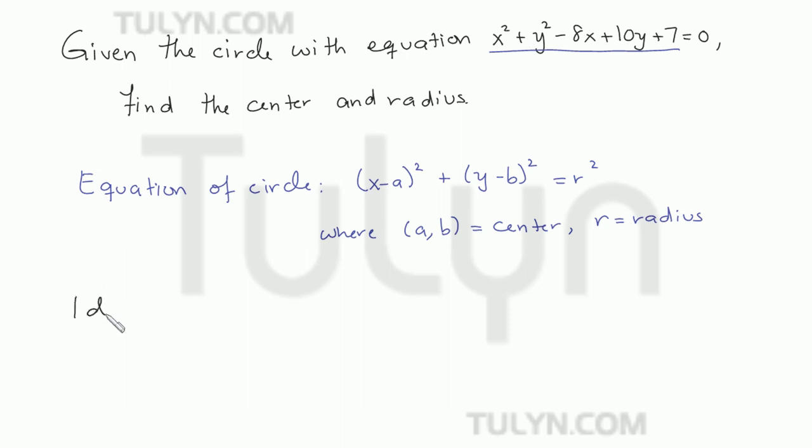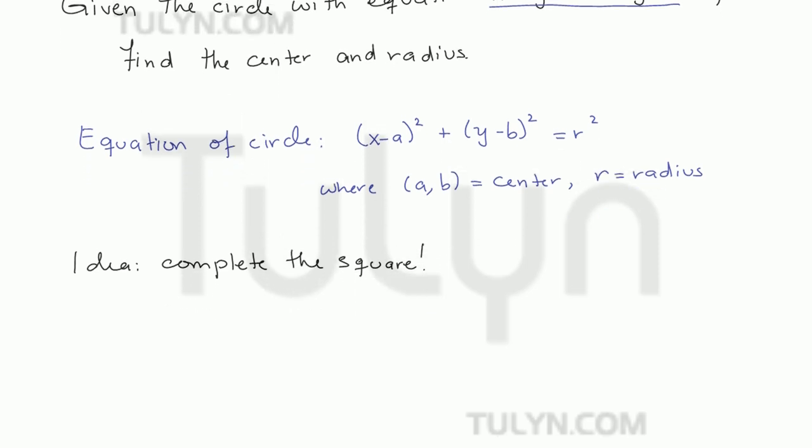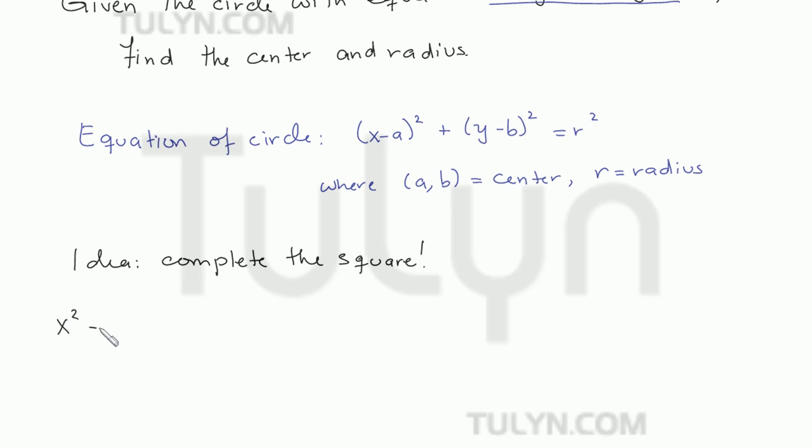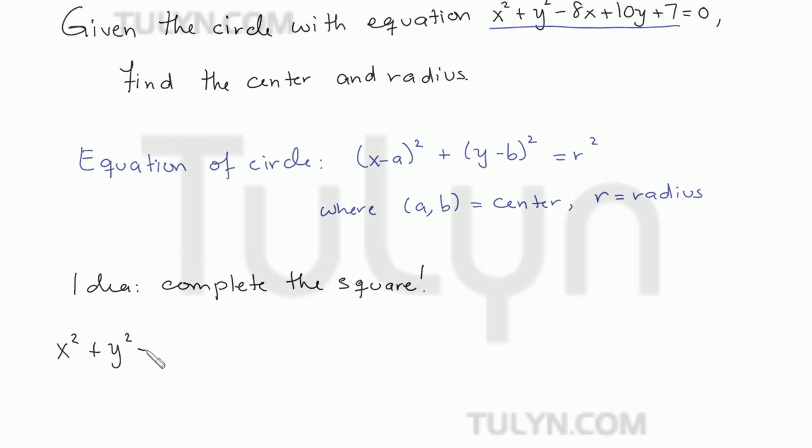So let's write this down. The idea is to complete the square in both x and y. So let's rewrite our formula over here. We have x squared plus y squared minus 8x plus 10y plus 7 is equal to 0.